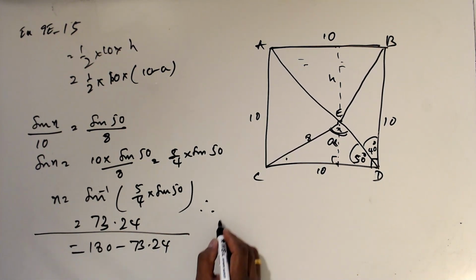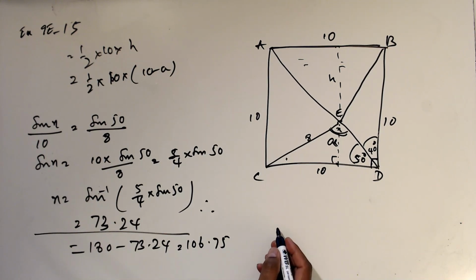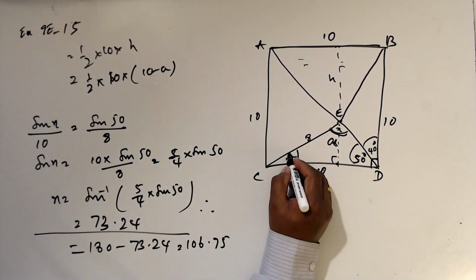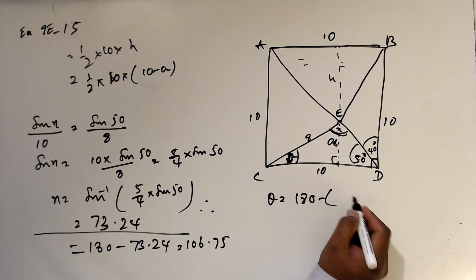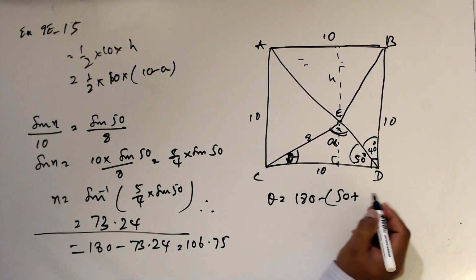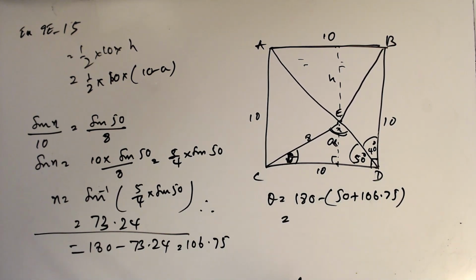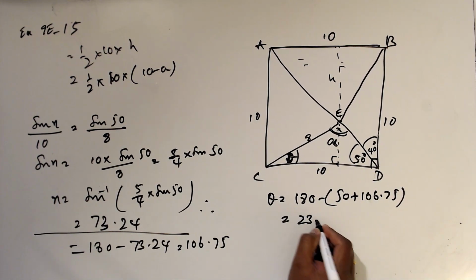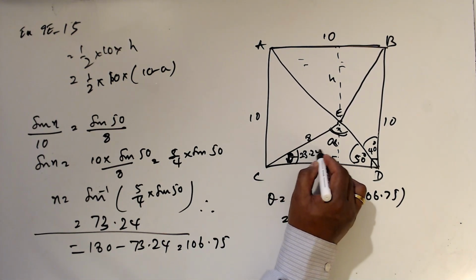It's going to be 106.75. Now, if I take this is theta, theta mean 180 minus 50 plus 106.75, which is 23.24. Now this is 23.24.